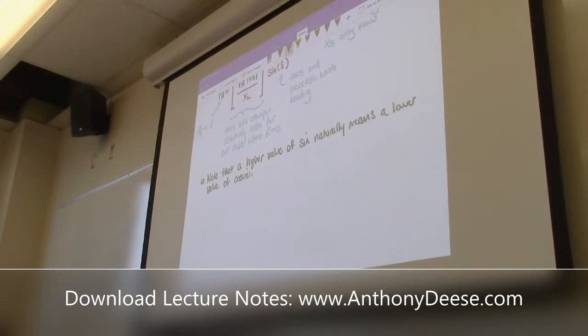This should be no surprise to anybody, right? If we're talking about a given angle, a larger value of sine will correspond to a smaller value of cosine.